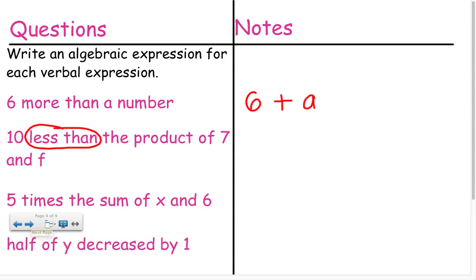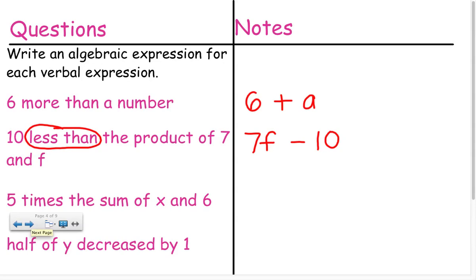So 20 minus 10 is 10. You don't want to do 10 minus 20 because then you're going to get negative 10. So that means that we have to take the right-hand side of the sentence and write that first. So the product of 7 and f would be 7f, less than is minus 10. So it's like we're taking 10 away from the product of 7 and f.